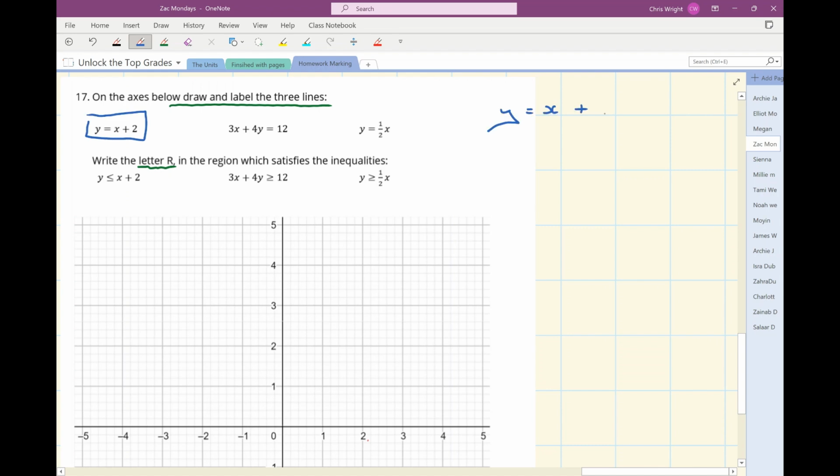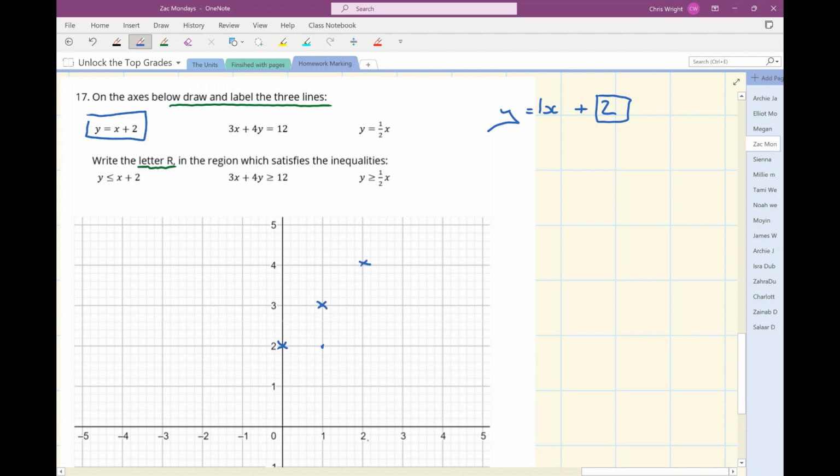Now, when I'm thinking about plotting that line, I'm thinking, right, it has a y-intercept of 2 and a gradient of 1, because y equals x is just y equals 1x. So it has a y-intercept of 2, so it goes through 2 here, and it's got a gradient of 1. So every time I go along 1, I go up 1.